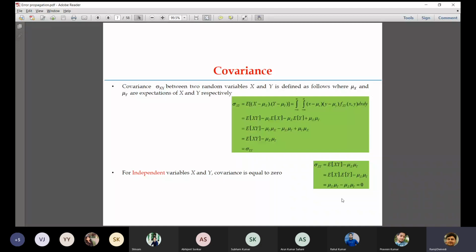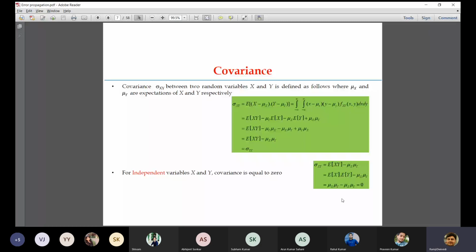Okay. So for independent variables, as I've told you in Geo-Informatics, zero correlation would ultimately relate to independence of the variables. So for independent variables x and y, covariance would become equal to 0. The moment you have expectation of xy, and you know that x and y are independent, you can write it down as expectation of x times expectation of y separately, and that becomes 0.